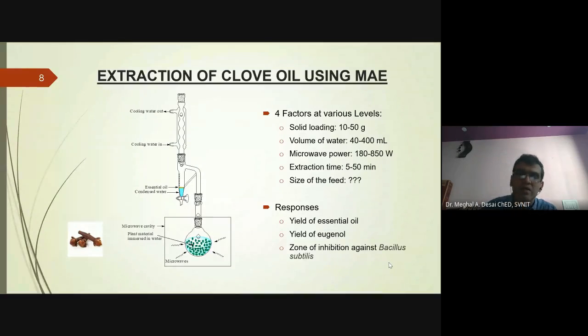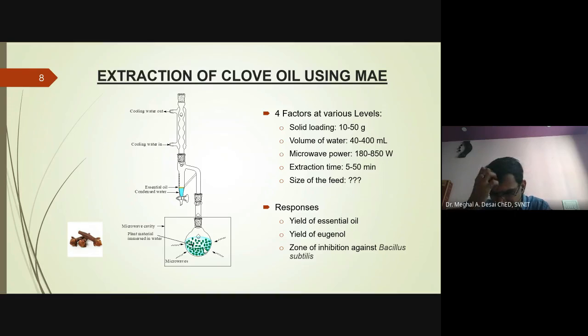Now, let me give you an idea about the working of this system. What we did is we added cloves and water in this flask and heated it with the help of a microwave. Because of the microwave action, rapid heating takes place, and the microwave acts on the cell vigorously because of the vaporization of water.